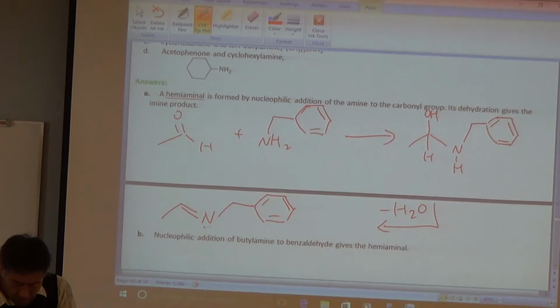So there's a lone pair here. If you want to keep tracking our initial, we have an H here. So you will have an H here. This kind of compound, we call them imine.